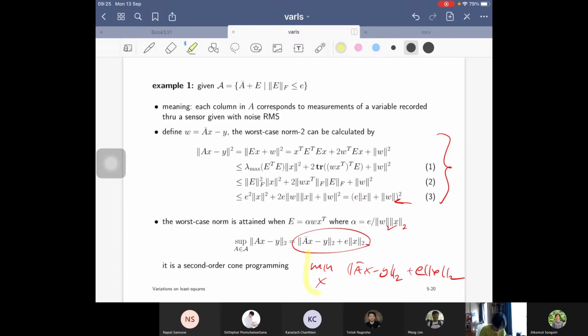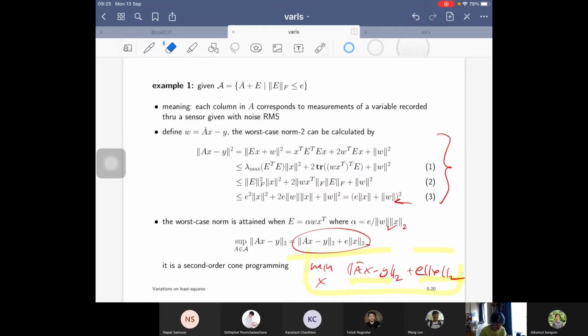Again, when you take a look at the results, the robust least square is a convex problem because it's a sum of two norms. From an optimization point of view, let me remind you that what we derived is not the same as the sum of two norms squared. What we derived is a sum of two norms.